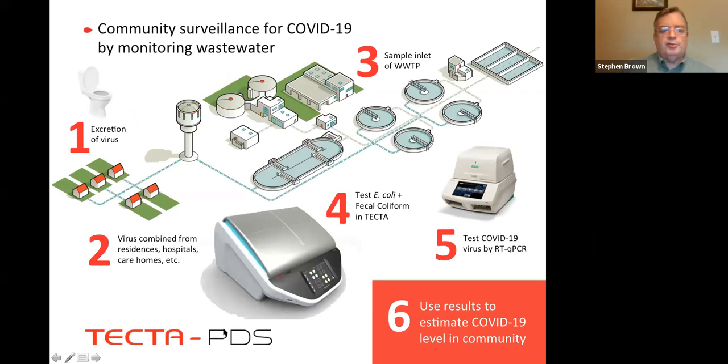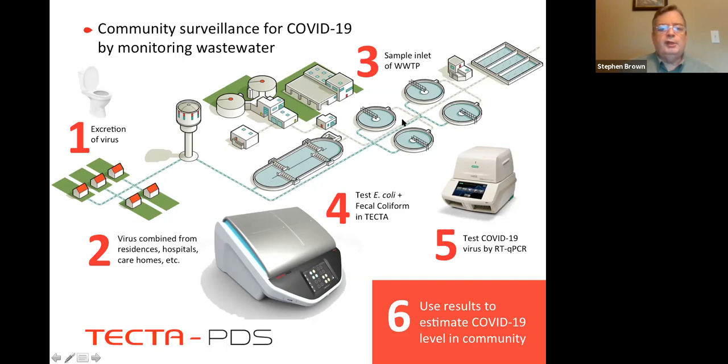So we've put together a system now where we can do community surveillance. And what community surveillance looks like is that individuals who are infected with the virus will excrete it. So it's going into the toilet and it's going into the sewer system. And so if you find a central point in the sewer system, all of the virus being contributed by multiple people, hundreds or thousands of people in a community, those virus samples are all being collected and mixed within the sewer system.